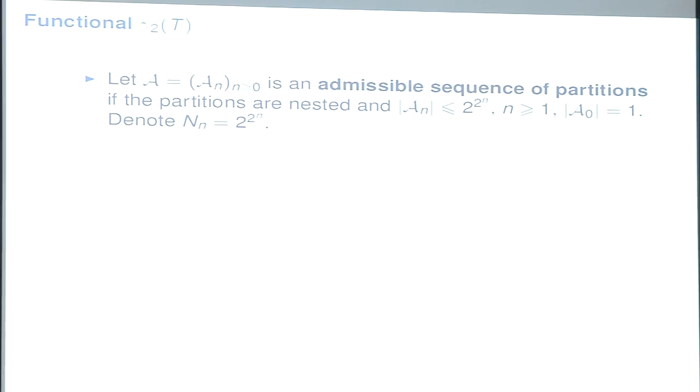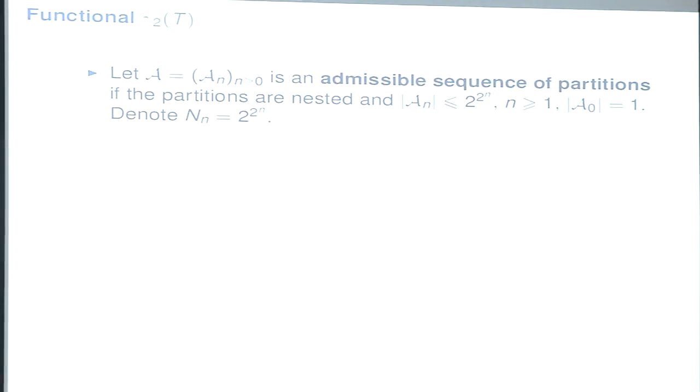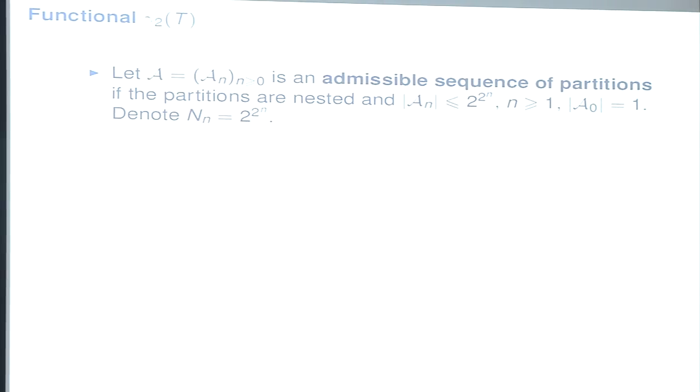So the first important thing, which was obviously shown in the morning, is the gamma 2 numbers. The gamma 2 numbers are defined in this way: we consider partitioning, and each partition cannot be too large, so we can control on each step of partitioning the number of its elements.